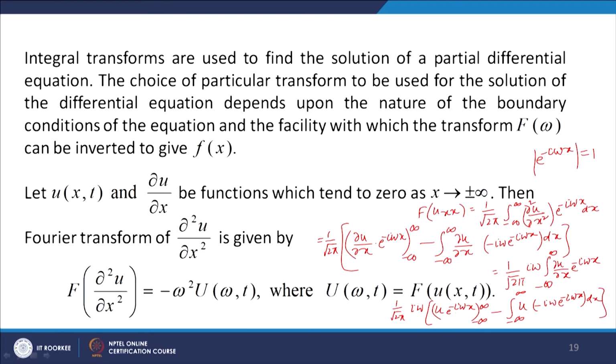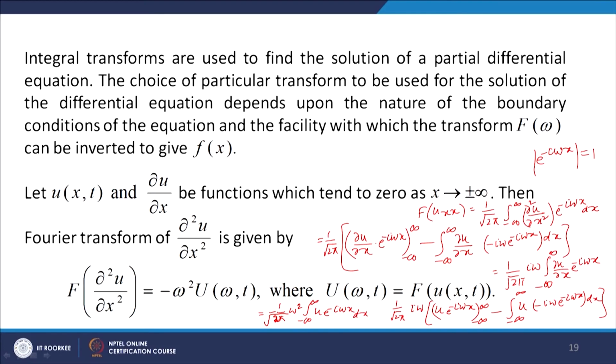But again e to the power minus i omega x is bounded, u goes to 0 when x goes to plus minus infinity. So, this part goes to 0 and this becomes then minus minus plus, i omega comes outside, it becomes i square omega square. So, we get minus 1 over root 2 pi omega square, integral from minus infinity to infinity of u times e to the power minus i omega x dx.